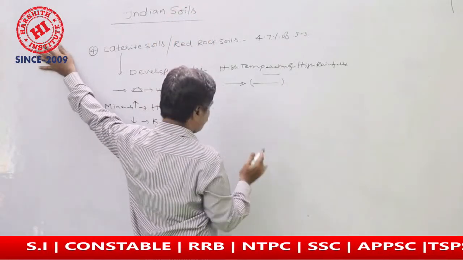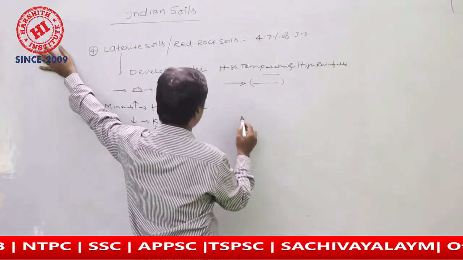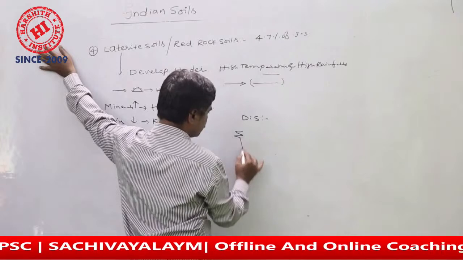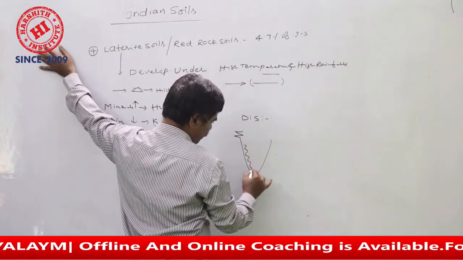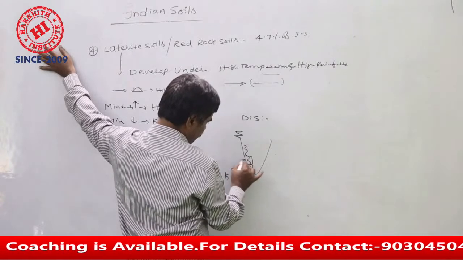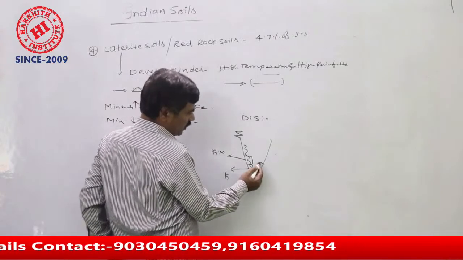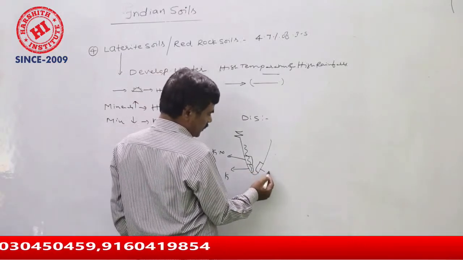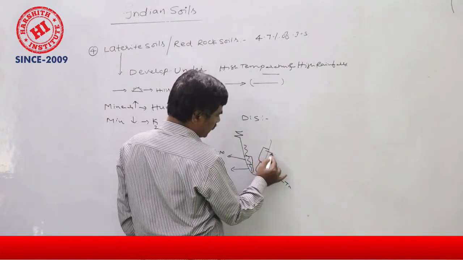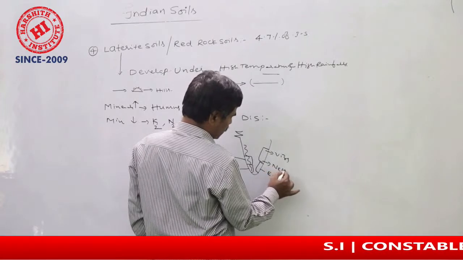Like this, laterite soils are developed mostly in India. The distribution of these laterite soils is maximum in the Western Ghats, like in Kerala and Karnataka. Also in Tamil Nadu and the Eastern Ghats in Tamil Nadu, and also in Andhra Pradesh, Visakhapatnam, Vizag, and in Nellore district.